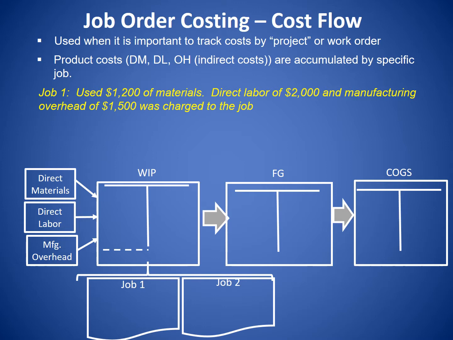So job number one, and if you have a problem trying to understand what a job order system is, think about taking your car into a car dealer. Now remember, a car dealer does a number of different things in their shop. They do everything from a simple adjustment or an oil change or a brake reline to an engine overhaul.